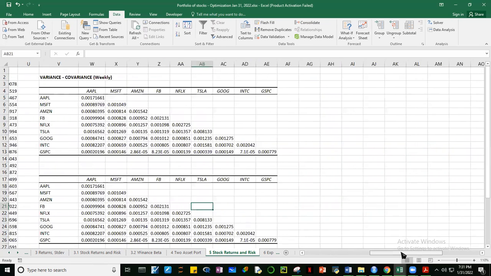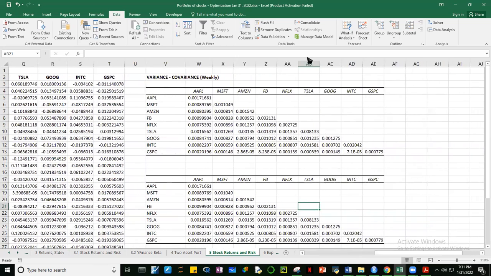We need this complete for our formula, weight times sigma times weight transpose. So we'll do Control C, Control V, but this time it's annual. So how do we fill this up?